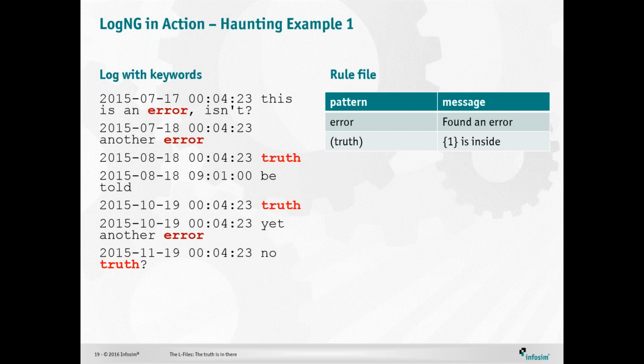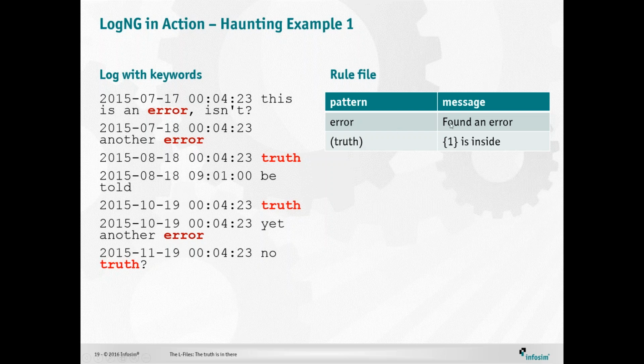So that's how a simple rule file looks. You have a pattern column and a message column. The pattern specifies regular expressions, can be an easy one like just plain text error, but you can also use, for example, the capture groups of regular expressions. This becomes important when specifying the message.